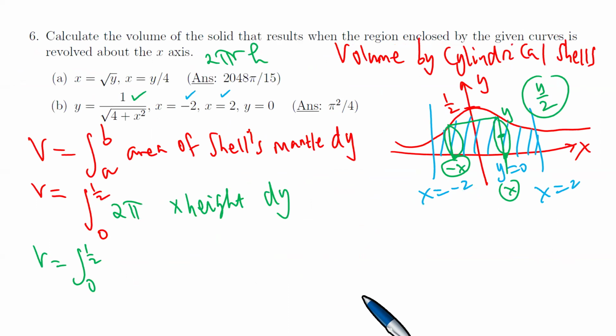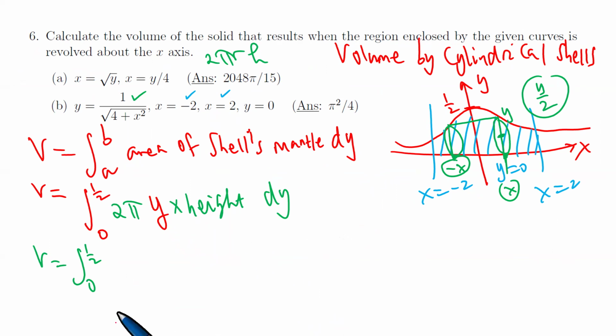If it is about the x-axis, then you need to change, as we said. About the x-axis, you need a dy. You have your limits of integration there, and about the x-axis, you need 2 pi y, like that.